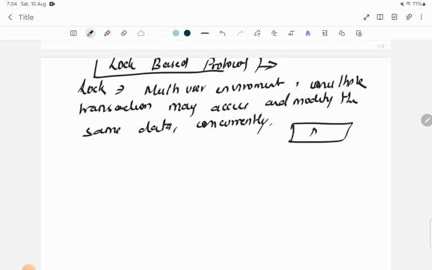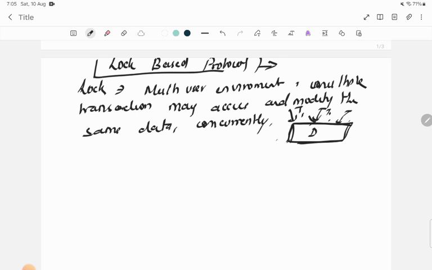If it is a data item D, multiple transactions T1, T2, T3 may try to modify this data concurrently at the same time. We talked about a number of problems, dirty read, dirty update.